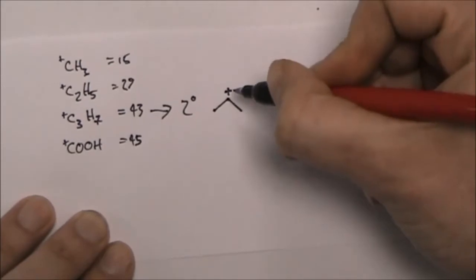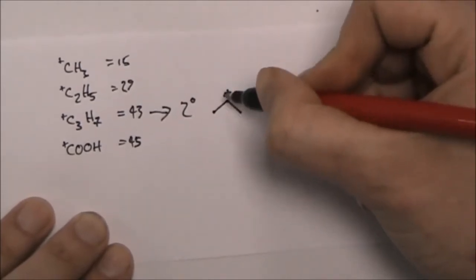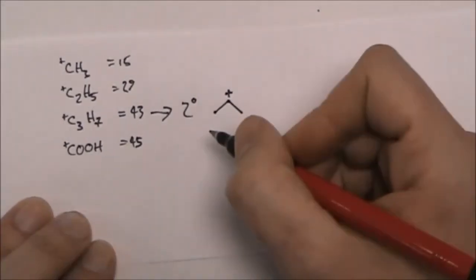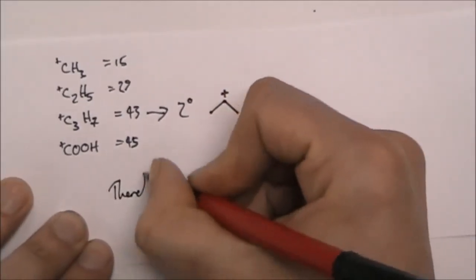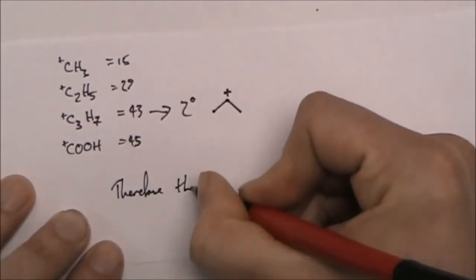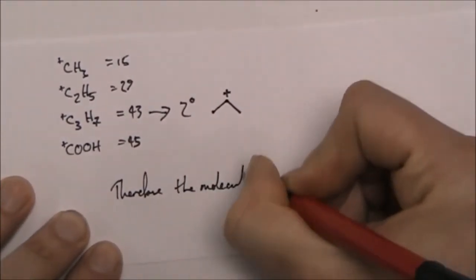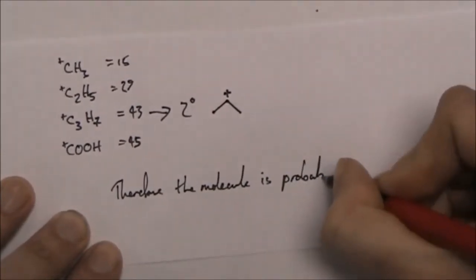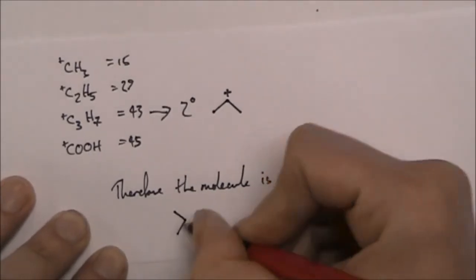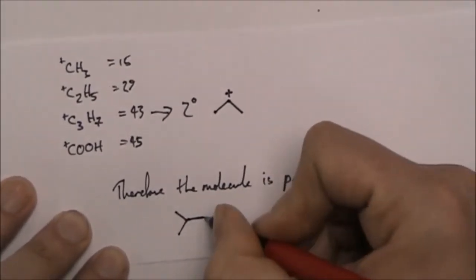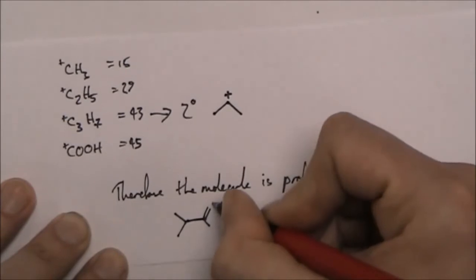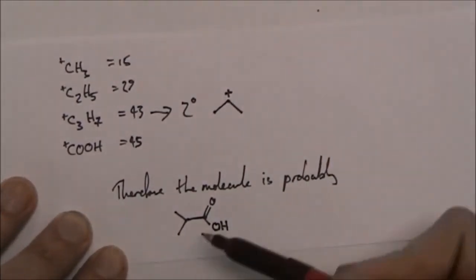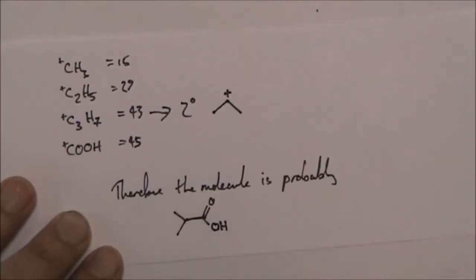The bond that we've broken to fragment it was that bond where the plus is. So that means if we join that bond onto a carboxylic acid like that, we satisfy all our criteria.